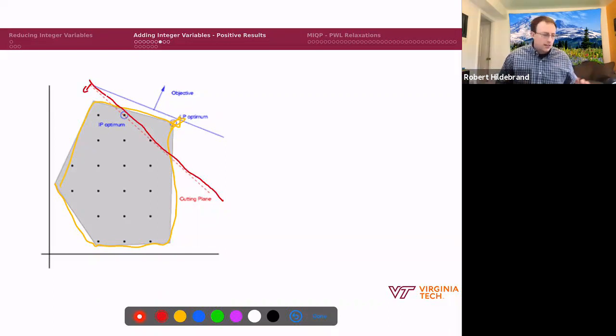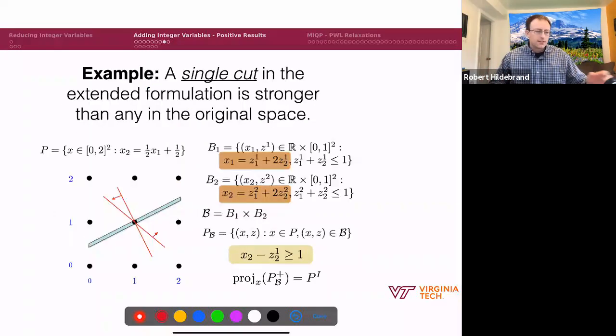These are extremely useful in solving integer programs. Okay, so the idea is that if I add these integer variables, so we convert from the general integer to these binaries, possibly there's some strength that's included. And so here's a cute little example that displays how this can work.